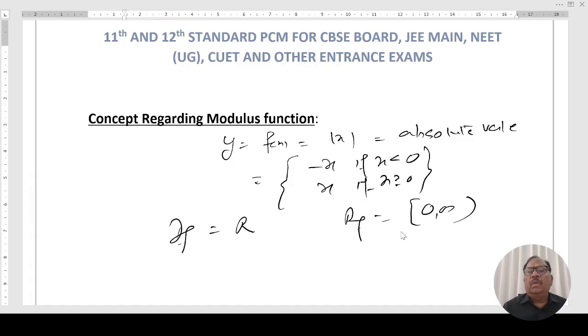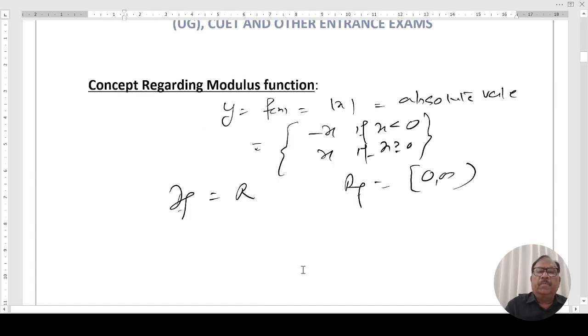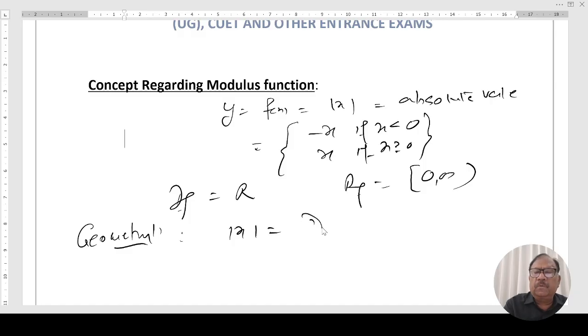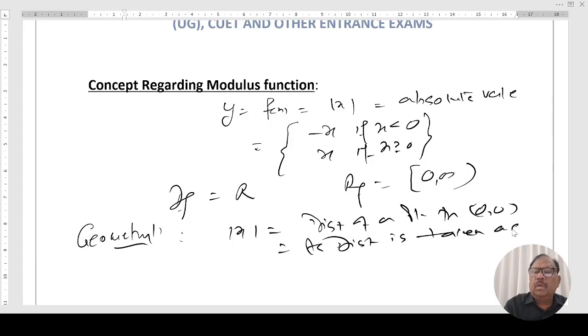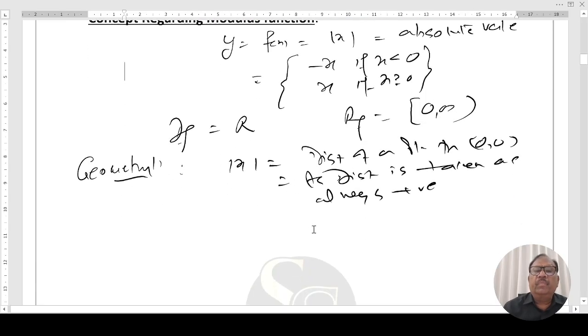Geometrically, mod x is the distance of a point from the origin. Distance is always taken as positive.